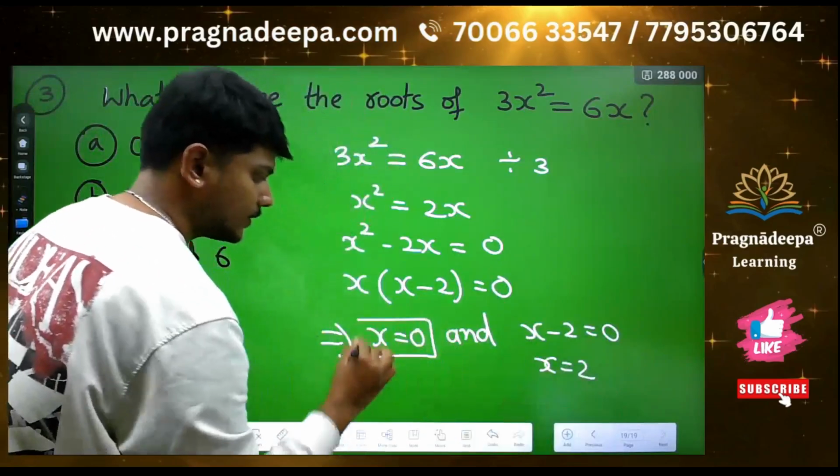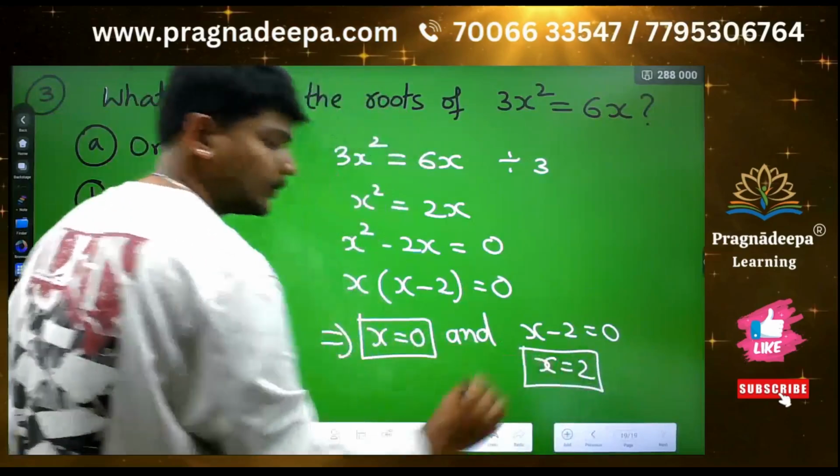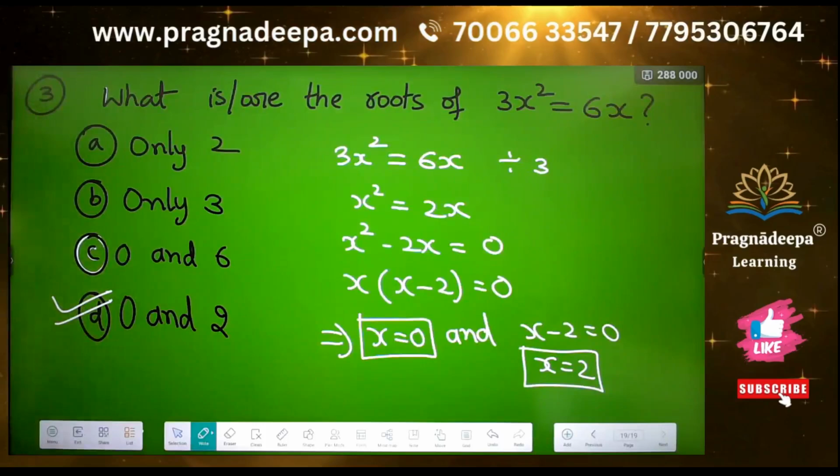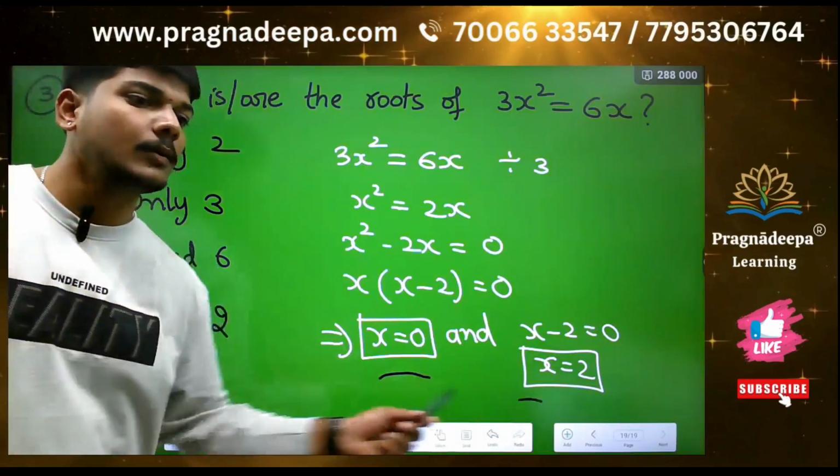So x is equal to 0 and x is equal to 2. Okay. So the answer will be 0 and 2. Clear? So 0 and 2 are the roots of the given quadratic equation.